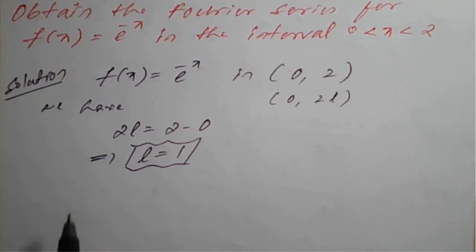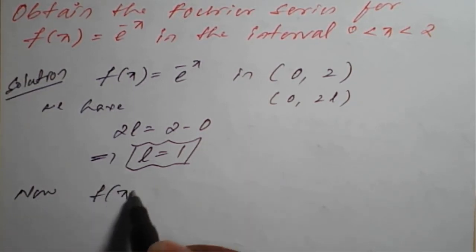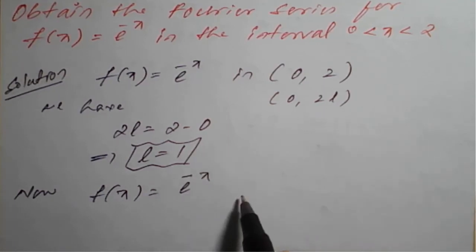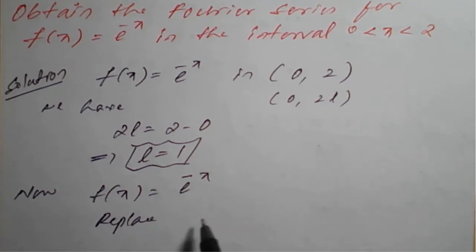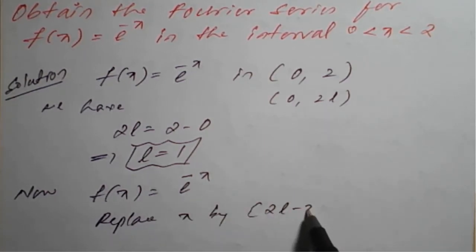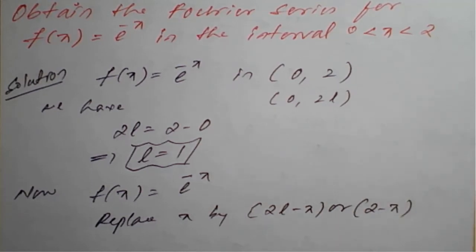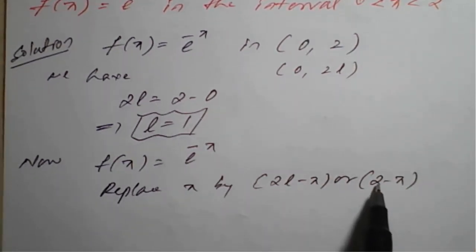Once we get the value of L, we'll think of the even and odd function. To check even and odd, for the given function f(x) = e^(-x), replace x by 2L minus x. The L value is 1, so instead of 2L minus x, I will write 2 minus x.